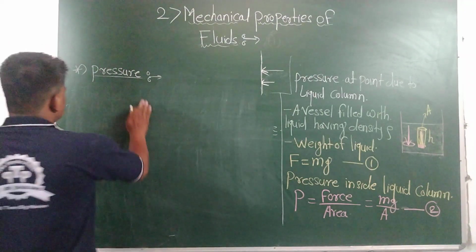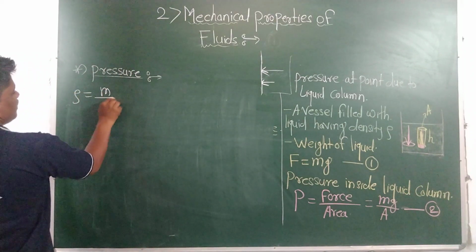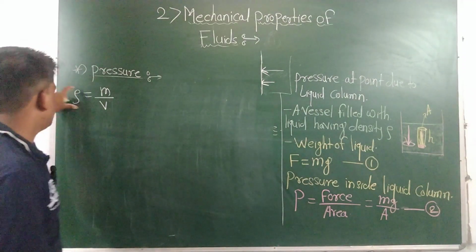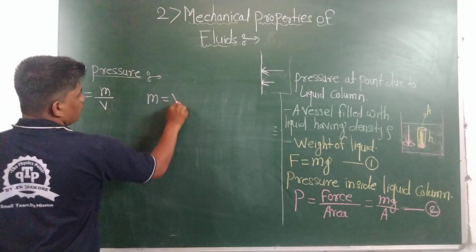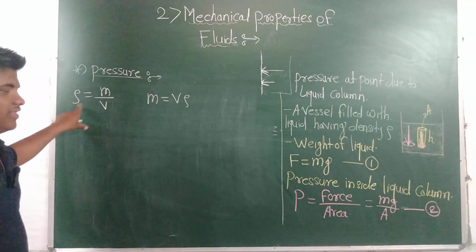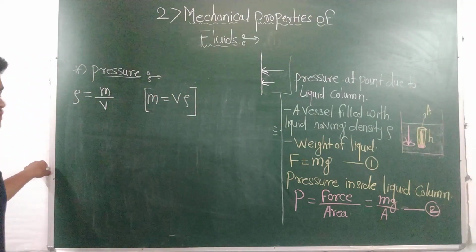And we know that density is mass per unit volume. Rearranging this equation, mass is equal to volume into density.